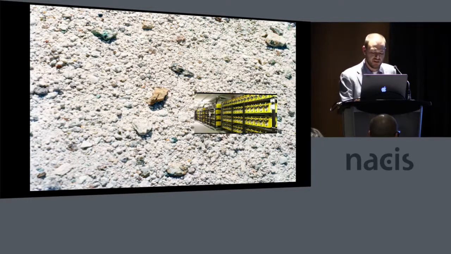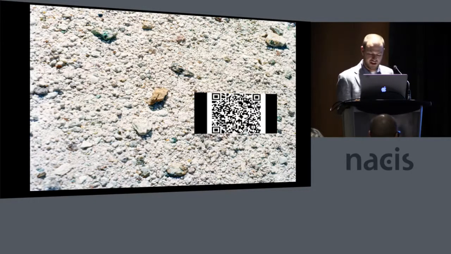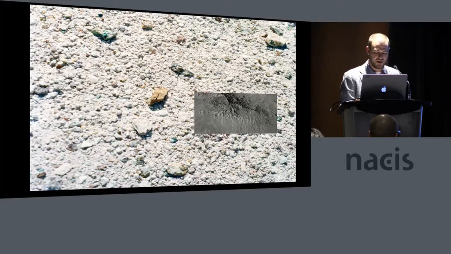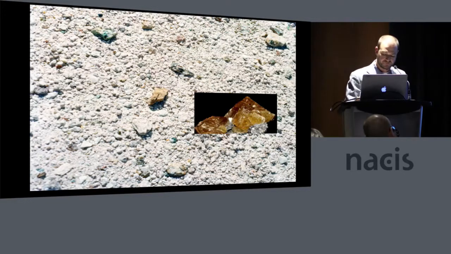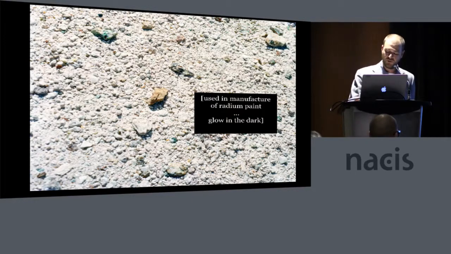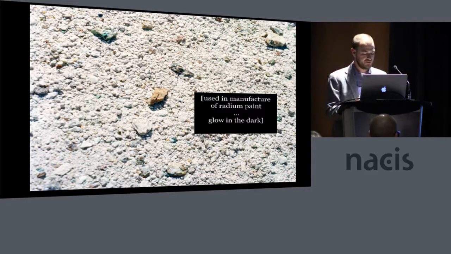Well, it turns out that one of the elements extracted from this exact mine is called scheelite tungsten, one use of which is to make glow-in-the-dark radium paint. And a primary use of this paint was for World War airplane panel instruments, so you could see them in the dark. But making the paint caused harm to the laborers, most of whom were women, setting off a workers' rights campaign.